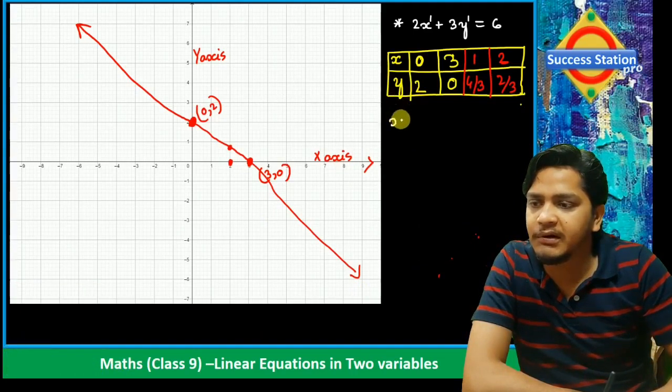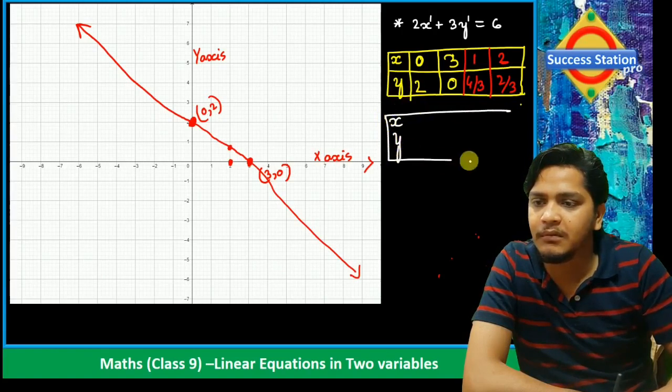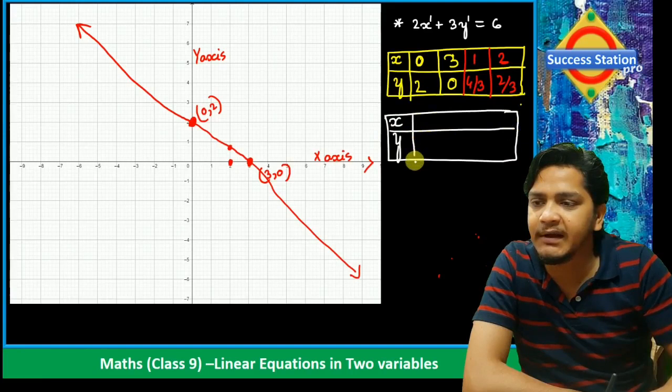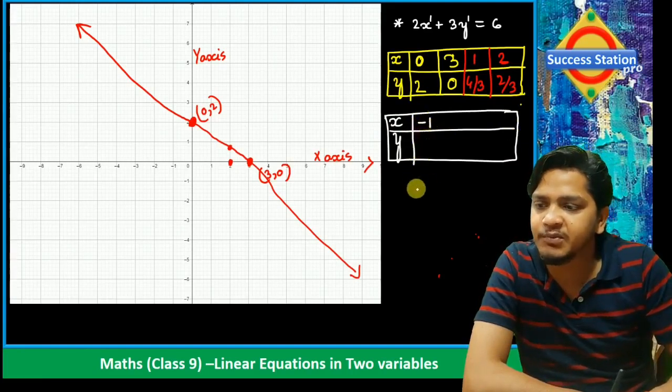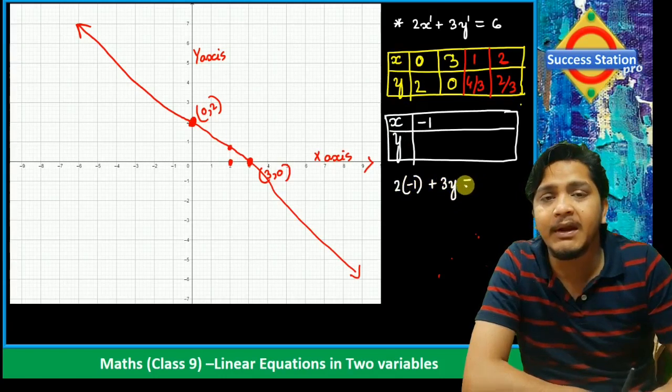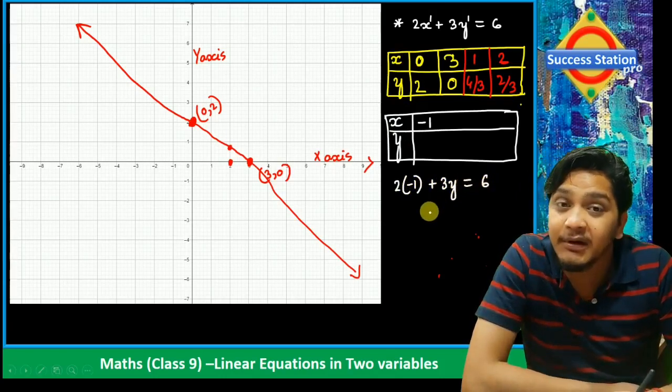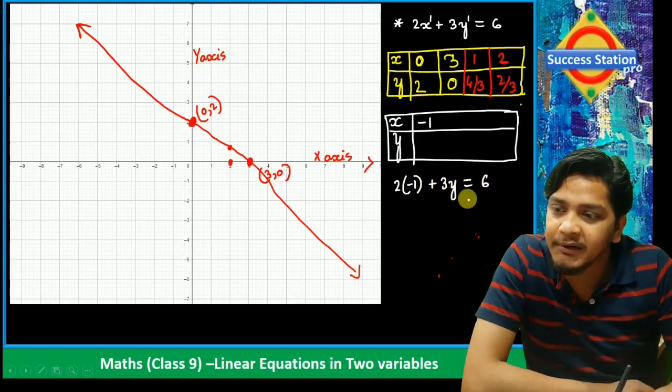We'll draw more of the table. We'll try to get some integers as solutions. So we'll take x equal to minus 1. Let's put x equal to minus 1 in the equation. You let the value of one of the variables and you'll find the value of the other variable when x has a particular value.